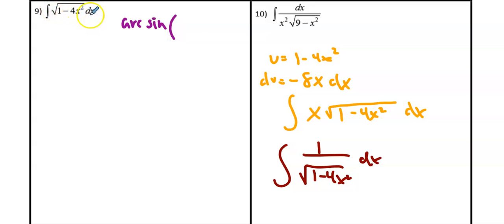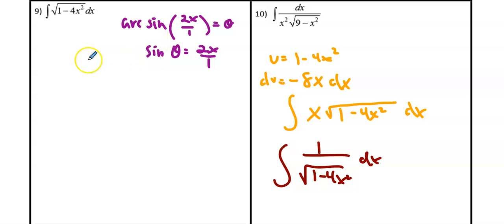This is how we learned it, right? u is going to be 2x, a is going to be equal to 1. That's going to give us theta. So arc sine of 2x over 1 equals theta. So that tells me that sine of theta is going to be equal to 2x over 1.